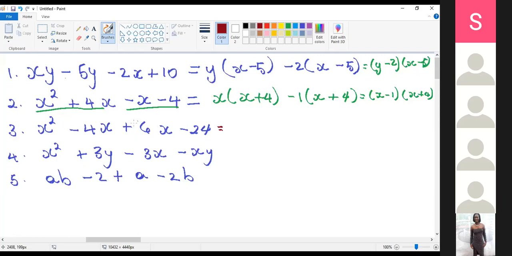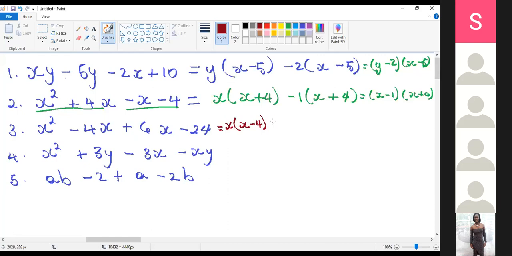So for the third one, what do we have? Anybody get the answer for the third one? x minus 4, x plus 6. Tell me what the factor is. x, bracket x minus 4. That's x squared minus 4x. All right. And the next factor?